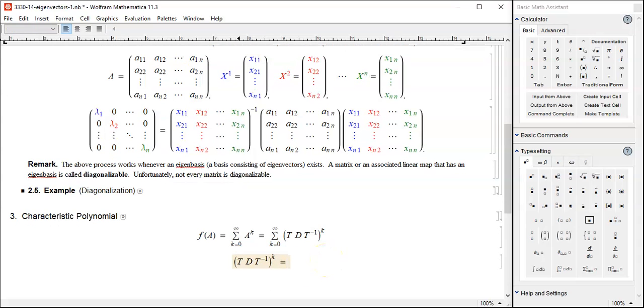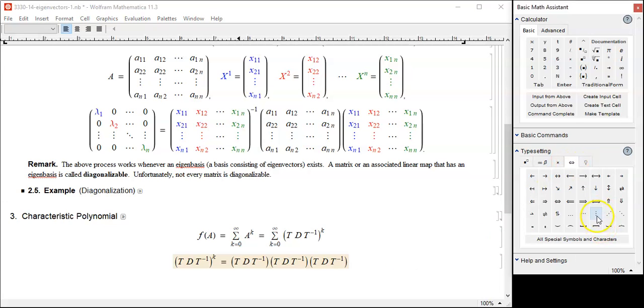That's basically this times, let me copy and paste this whole thing. It's basically this kind of computation. And then please note that T inverse T, they cancel each other out because they become identity.